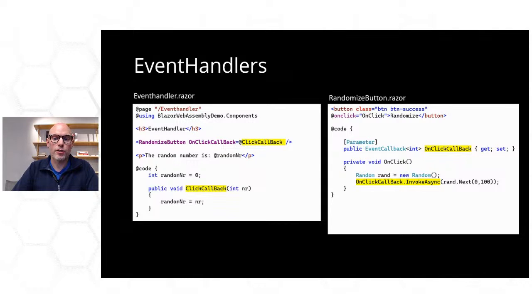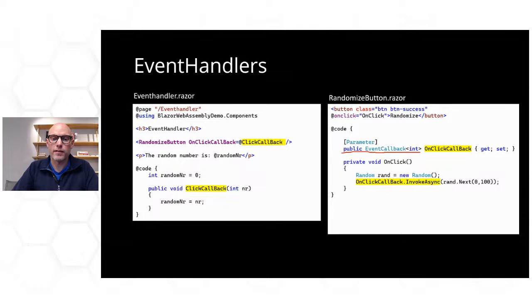Event handlers are used to have an internal event handler in a child component, but it's the parent component that actually does things with it. So we can expose a public property with the event callback type, and also with a generic specified type if we want.